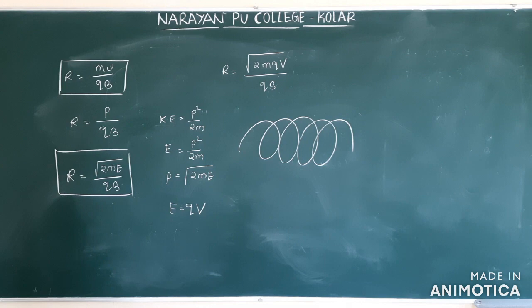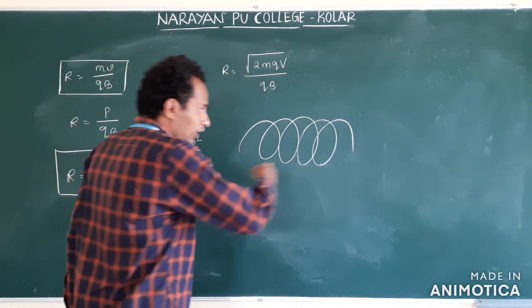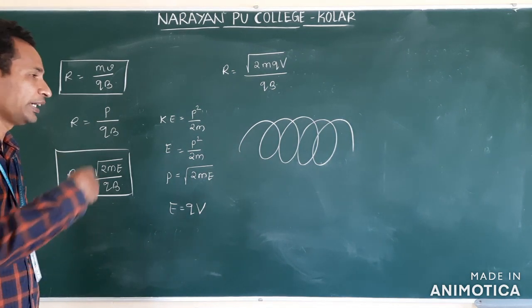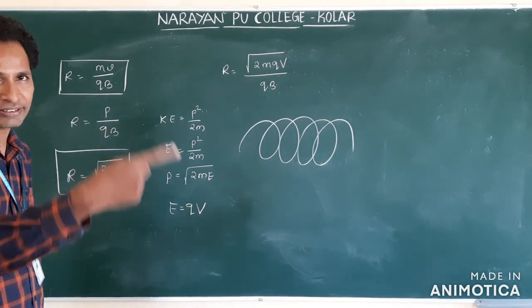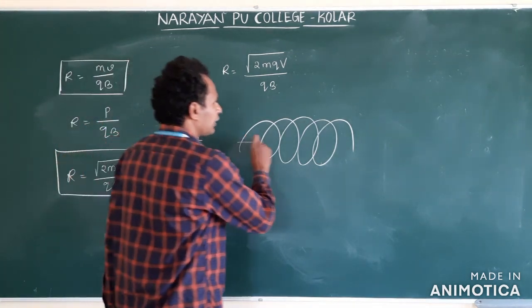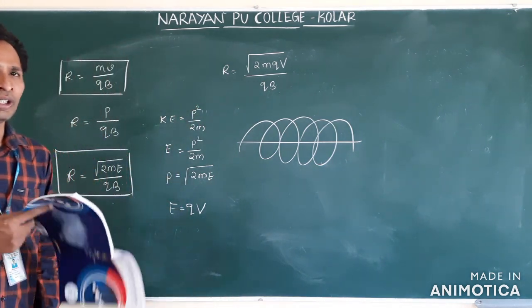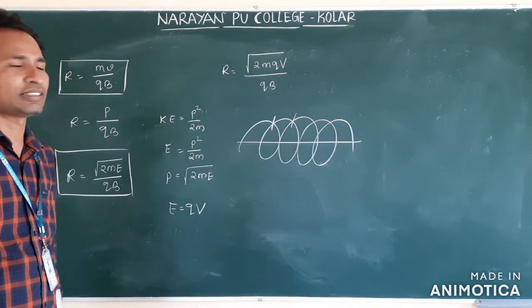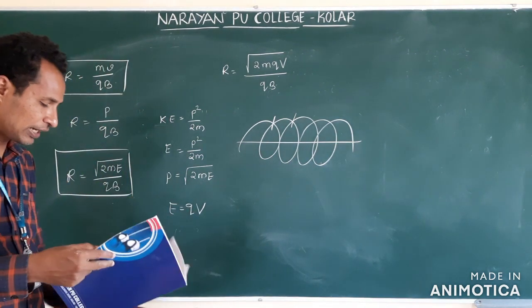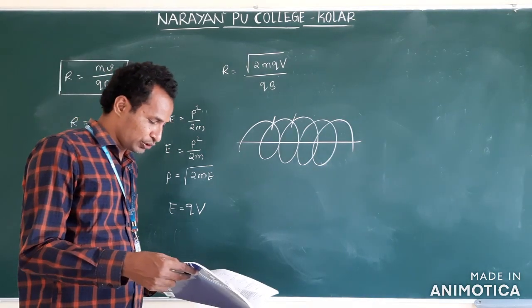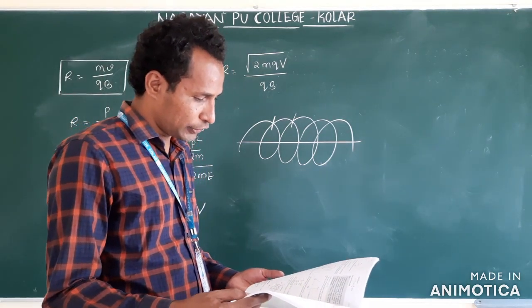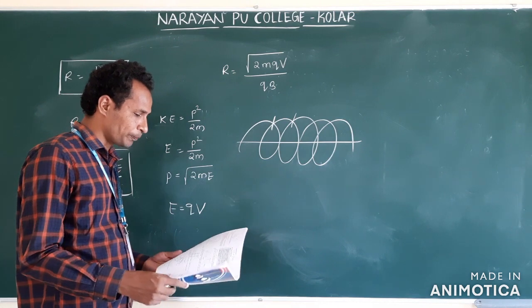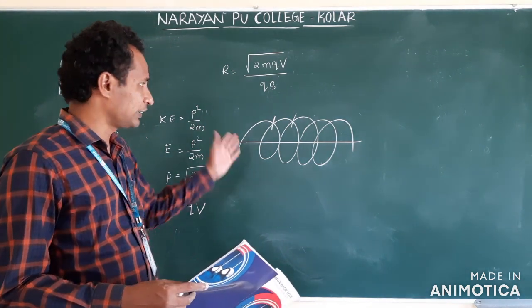The velocity component parallel to the field pulls the charged particle in a horizontal direction, and the component of velocity perpendicular to the field makes it move in a circle. It is combined circular and translational motion. The distance covered from one rotation to the next we call the pitch. The formula is V cos theta into T, that is V cos theta into 2 pi m by QB. These are all we have done. Clear? Once again, check the formulas.